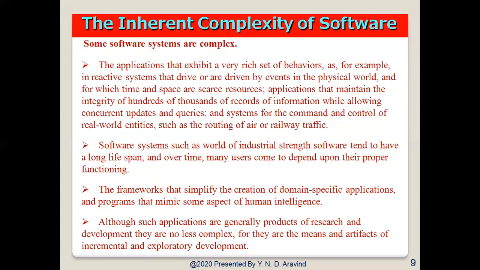So all this information will be stored in some servers. If a problem arises with such servers, then it is a big problem, because it is going to affect the entire system.